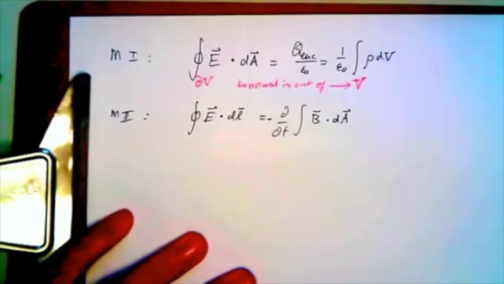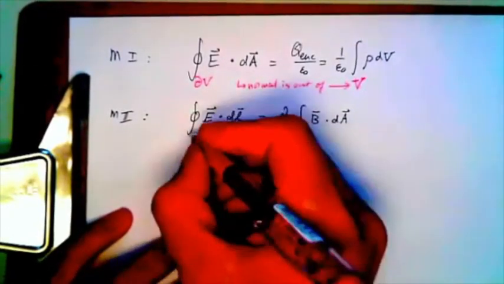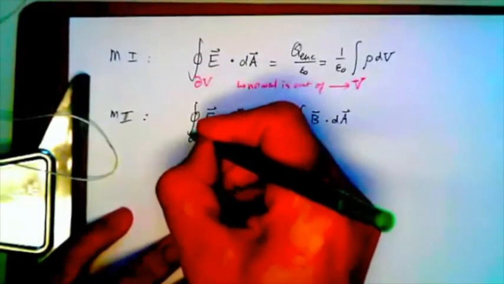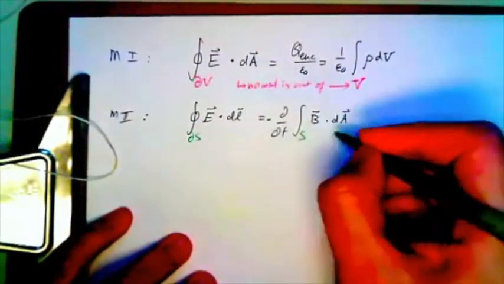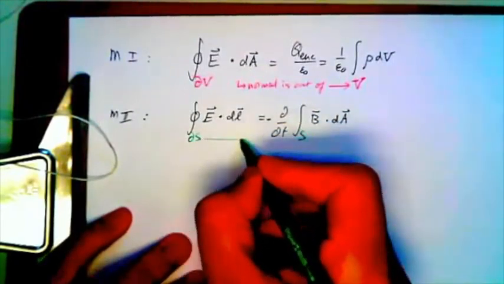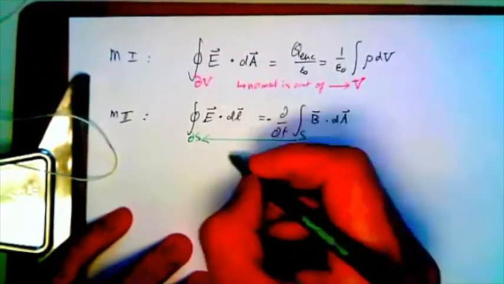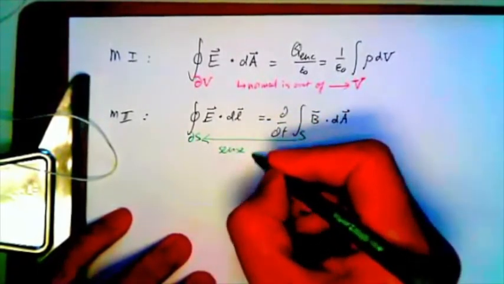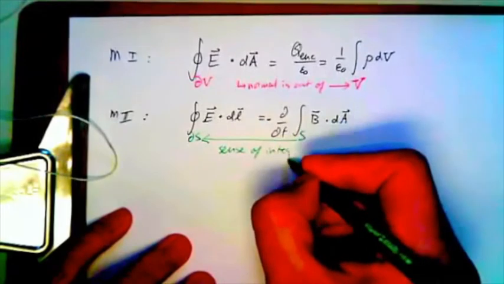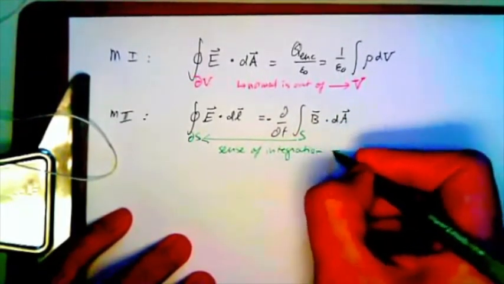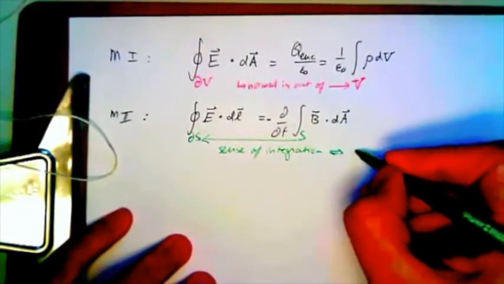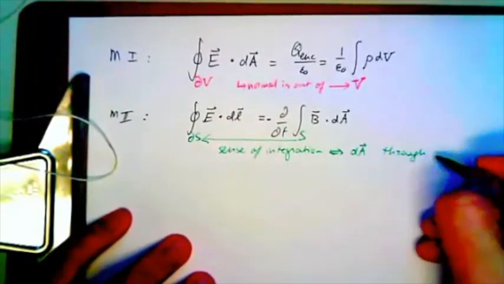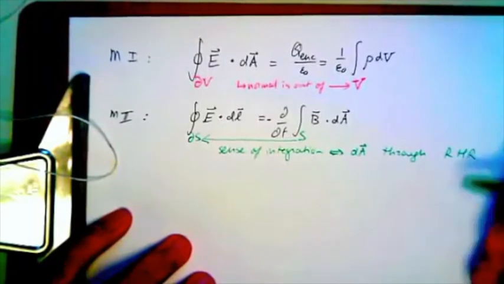And this is the edge of this surface, and the sense of integration is related to dA vector through a right-hand rule.